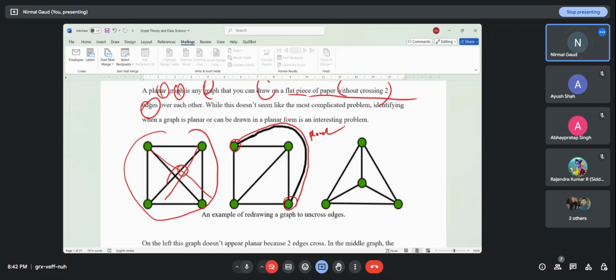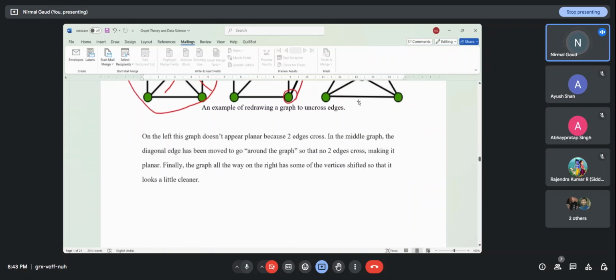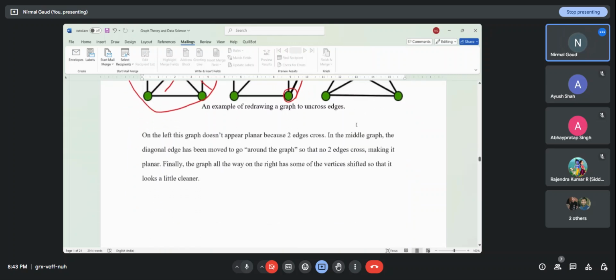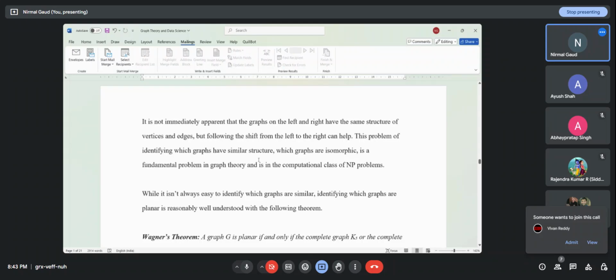And this one also is planar. There is no intersection of the edges. Such kinds of graphs are called planar graphs.